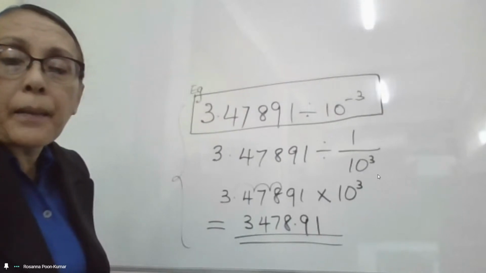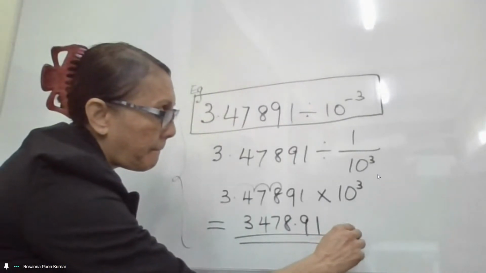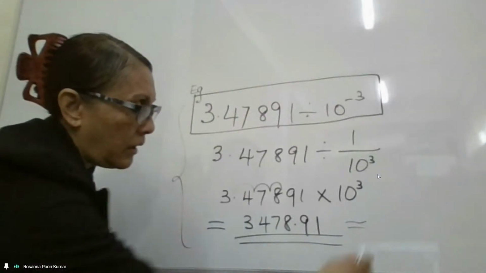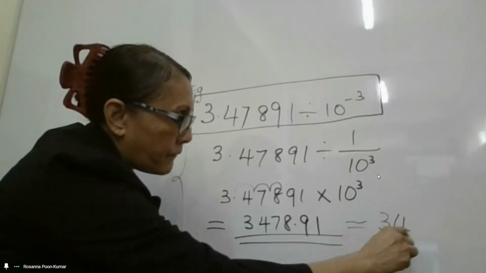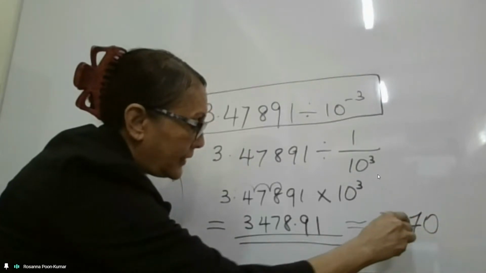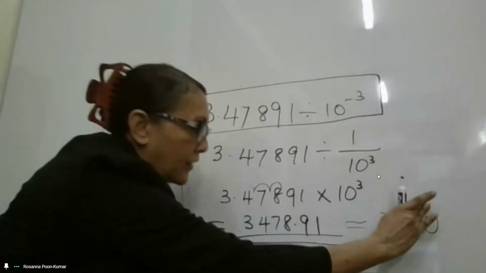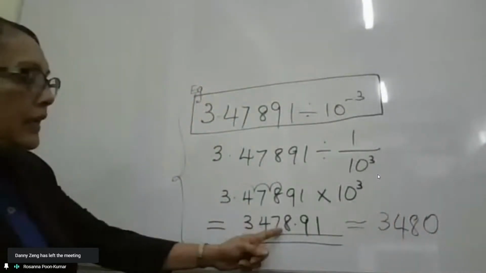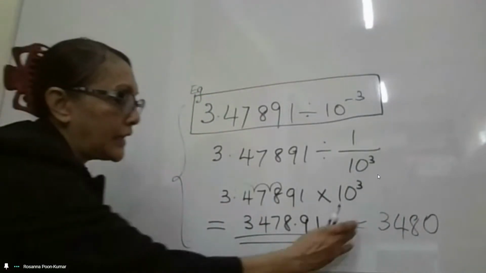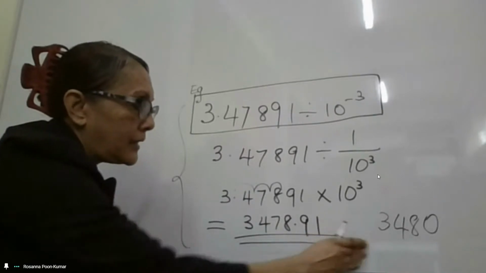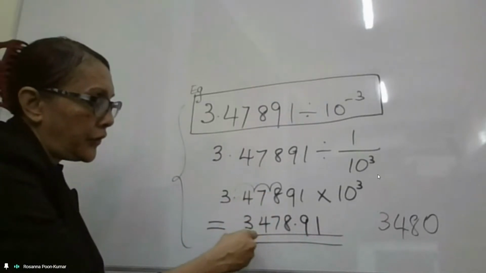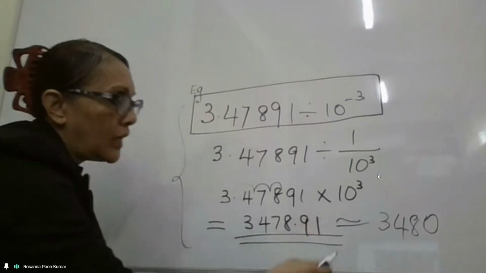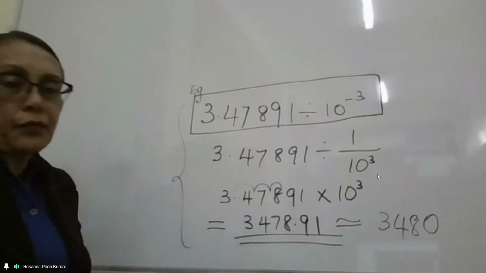The answer would be 3,480. Because the 8 will make you add 1 onto the 7. Very good, Jelani. So you see what that is? I said give this answer 3,478.91 to 3 significant figures, and Jelani correctly told me 3,480.